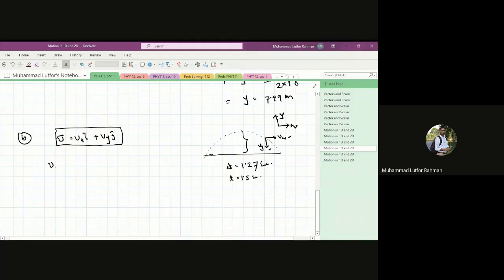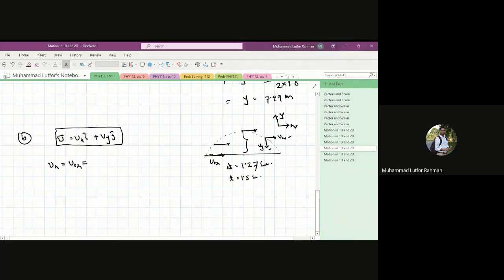Now, what is vx? So vx will be v naught x, right? Why? Because along the horizontal direction, it has no acceleration. So whatever the velocity was at the initial, it will be exactly the same throughout its journey, because along the horizontal direction it's moving at a constant velocity. So the velocity is not going to change.